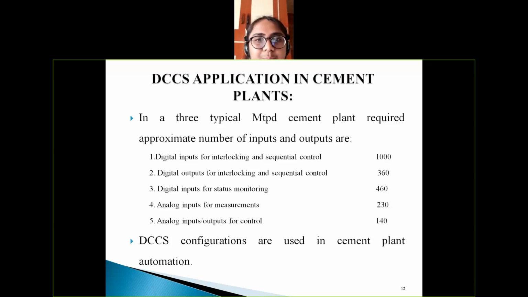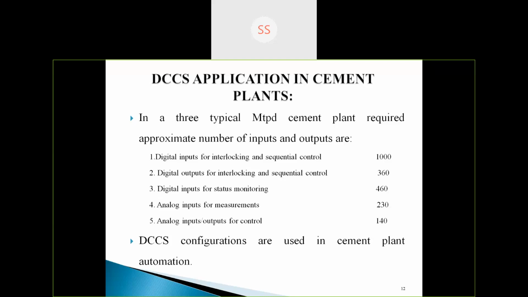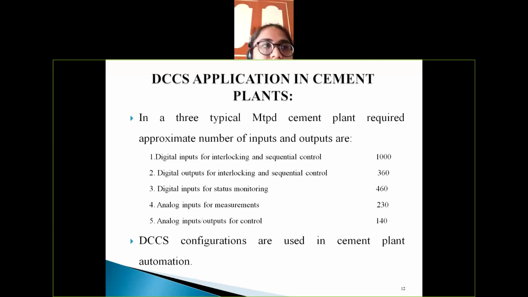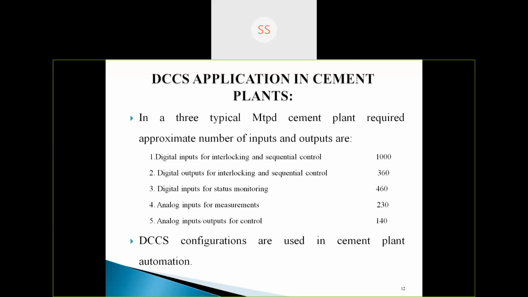Digital inputs for status monitoring is 460, analog inputs for measurements is 230, and analog outputs for control is 140. Various DCS configurations have been used in cement plant automation involving PLCs, multi-loop controllers, remote terminal units, and process computers.